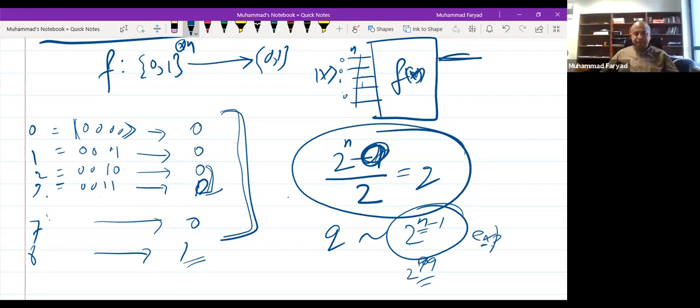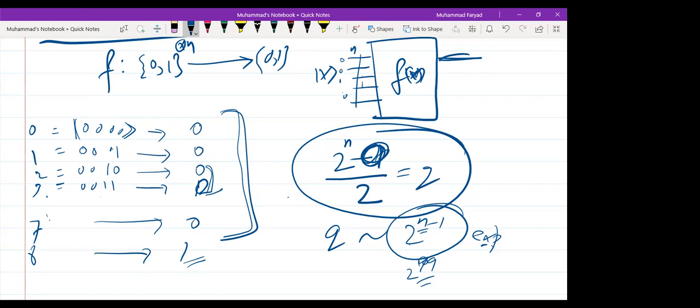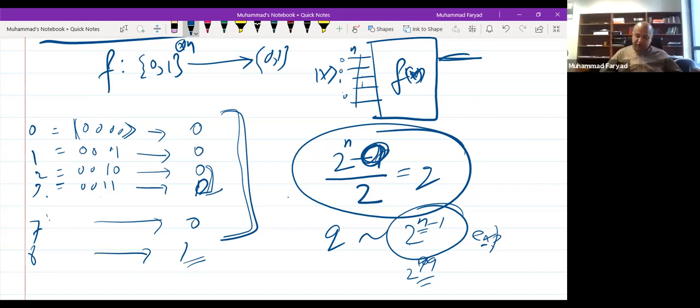Right. Yes. If you talk in the exact sense, you're absolutely right that these are 8 inputs, and then I will need the 9th input. So in the exact sense it is 2 power n divided by 2 plus 1.